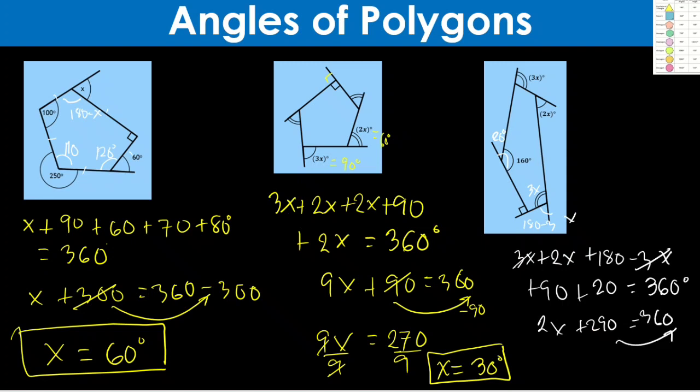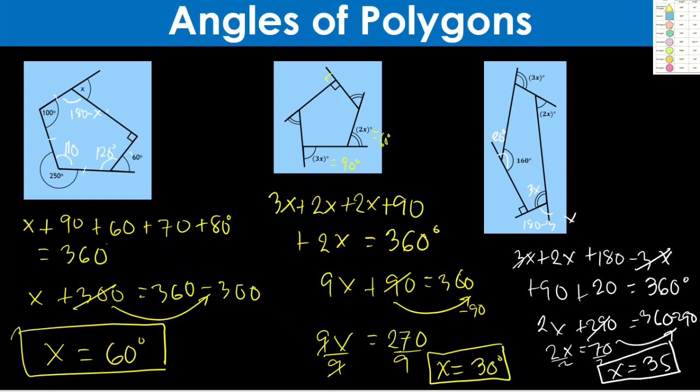Move that here. Minus 290. So 2x equals 360 minus 290. That gives us 70. And divide 2 both sides. Gives us x equals 35.